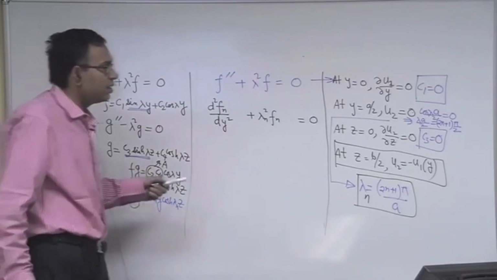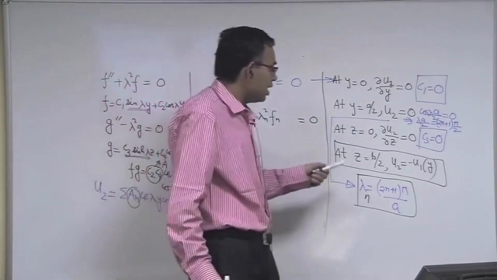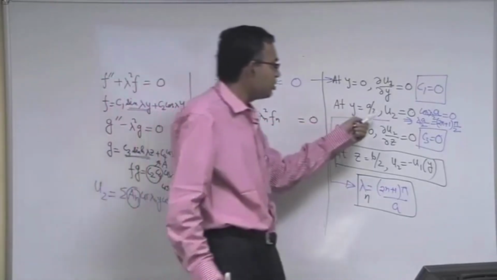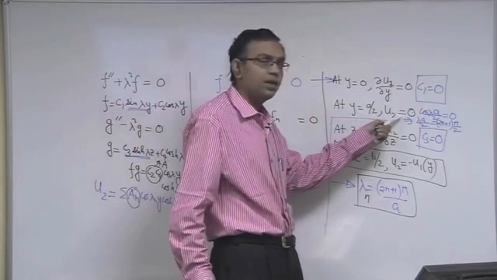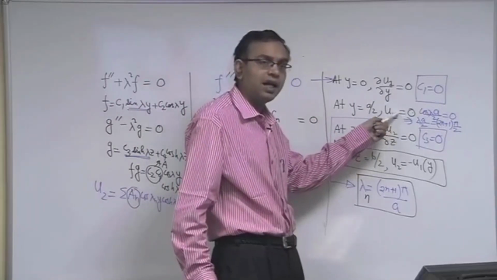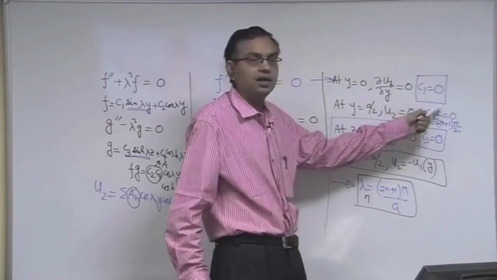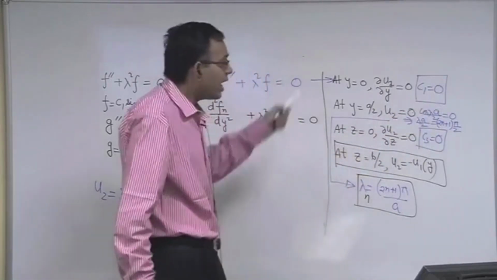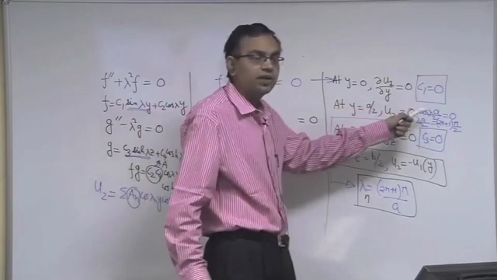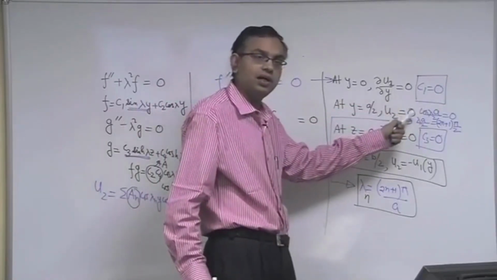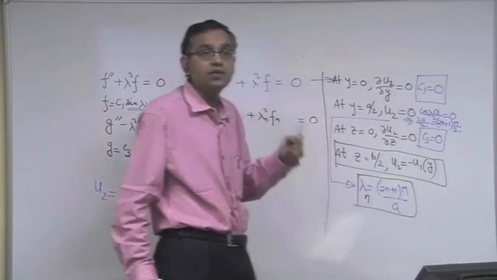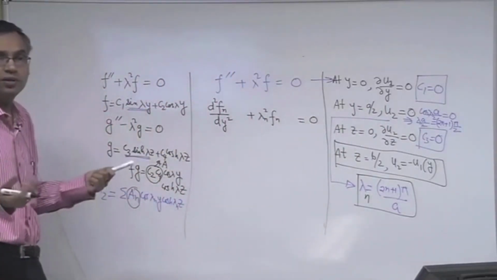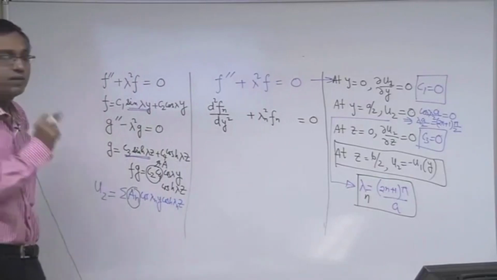That is why for using the boundary condition at y equal to a by 2, u2 equal to 0, we did not set a capital A equal to 0, but cos lambda a by 2 equal to 0. If we had set capital A equal to 0, that could have satisfied this boundary condition, but that would have given rise to a trivial solution u2 equal to 0. We are interested in a non-trivial solution.